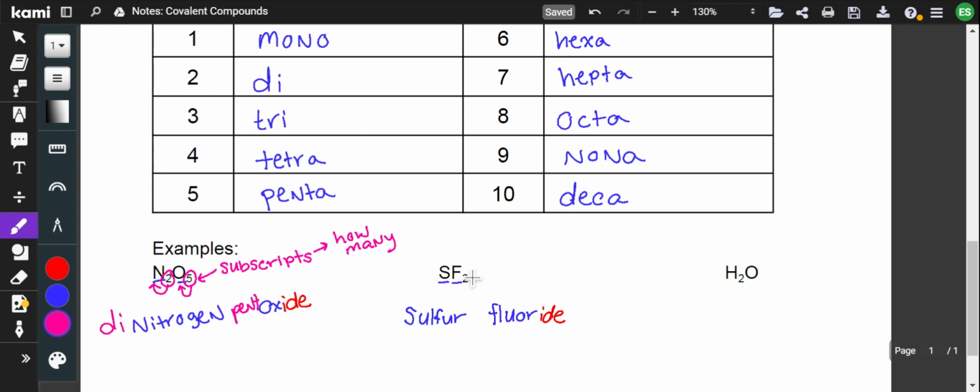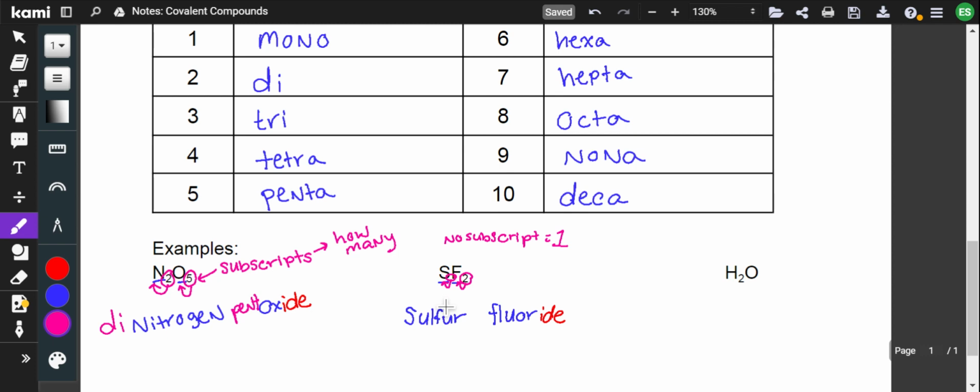Then we can now look at our subscripts. And here we can see we have a subscript for the F, but nothing for the S. Now, if we have no subscript, something that's blank, no subscript written, means that there's only one.